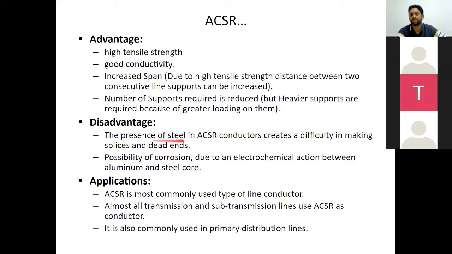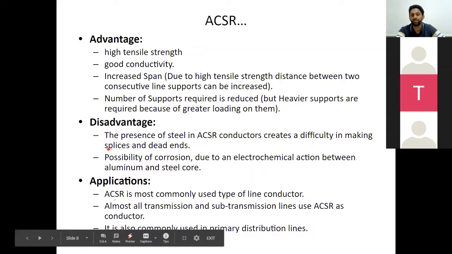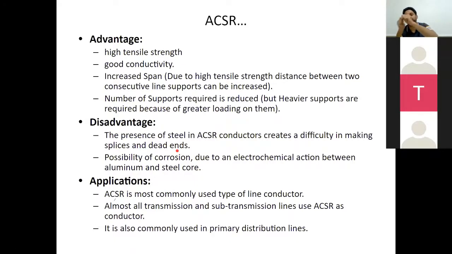The main disadvantage is steel. With the steel wires, it is difficult to make a joint, not like aluminum. Because of steel, it is difficult to make a splice, meaning a joint. To make a joint, as well as a dead end, meaning the last tower where you have to tie it, will be a problem for ACSR.